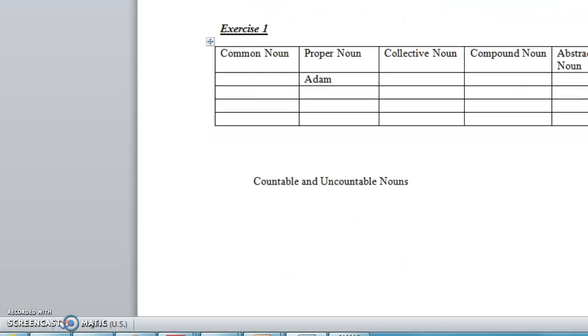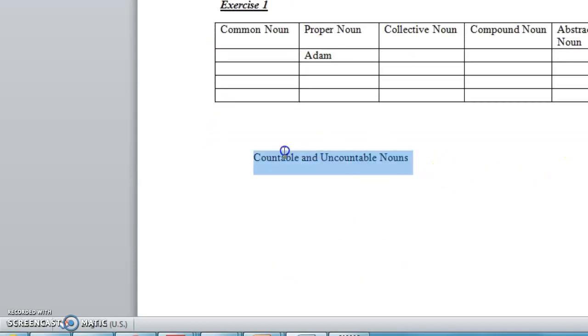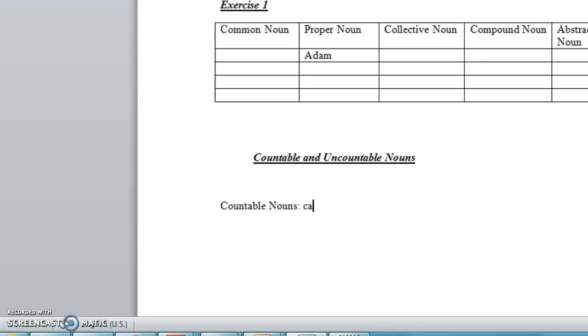Okay, and here we go. We have countable nouns. First, they can be counted. Second, they can be used in singular and plural.